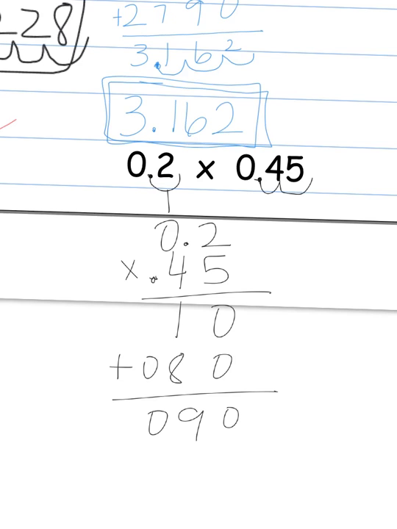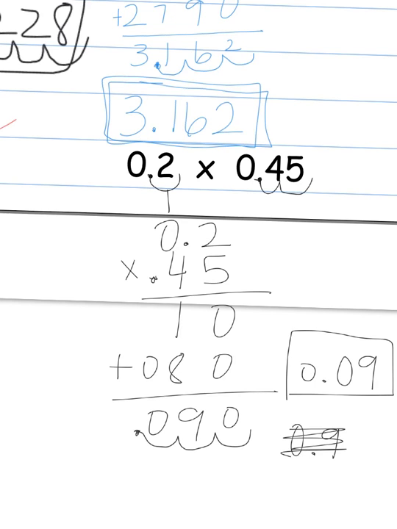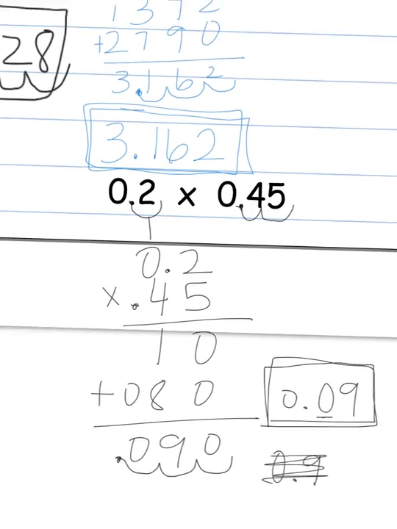So on our final answer, we move over 3 spots, 1, 2, 3, for a final answer of, sorry, no, we have a 0 in front there, so 9 hundredths. Okay, we gotta make sure that 0 stays here. I dropped the 0 at the end because, again, it is not necessary to have that one there.